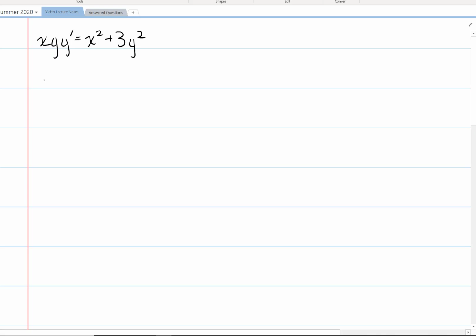So the first thing we're going to do is solve for y prime, right? So that gives us x squared plus 3y squared over xy, and we'll try to simplify this so that it becomes a function of either x over y or y over x.